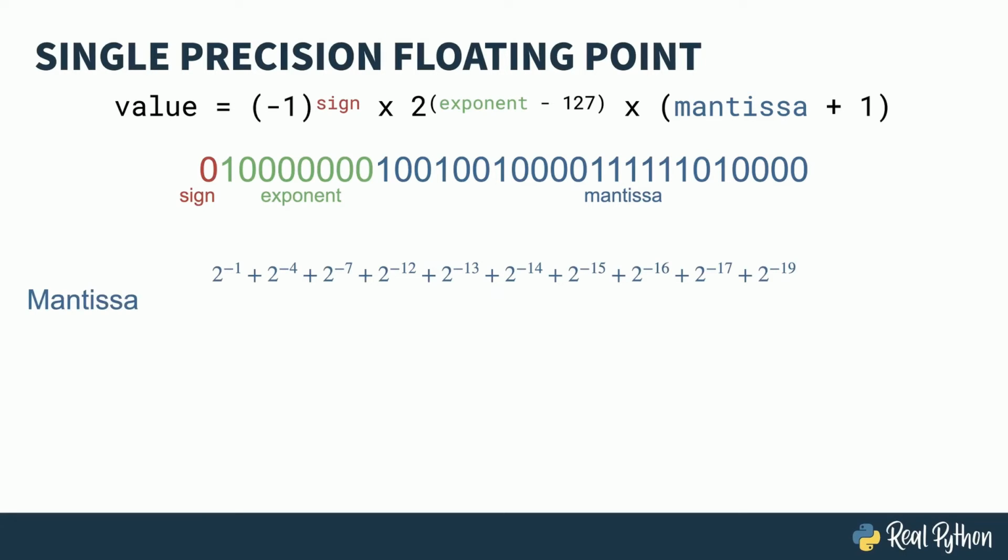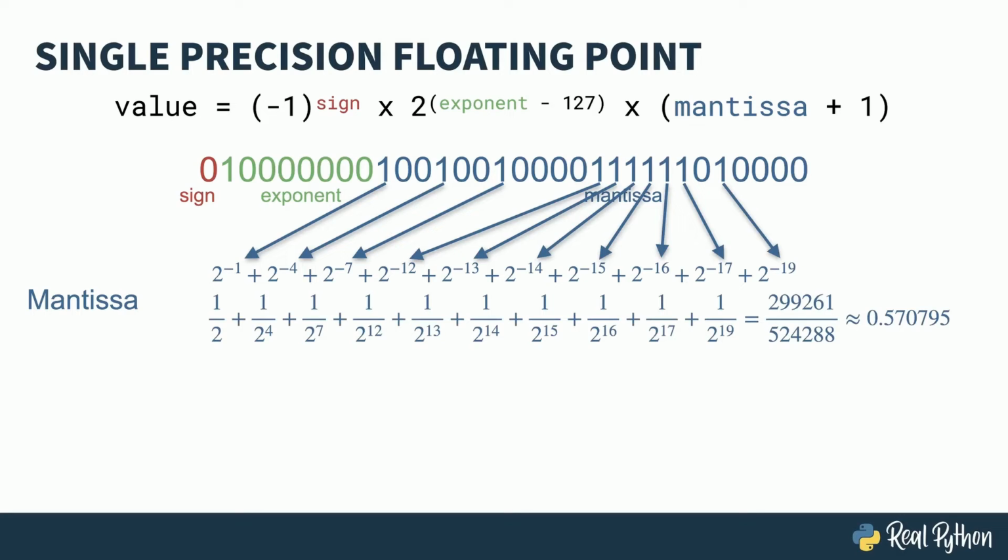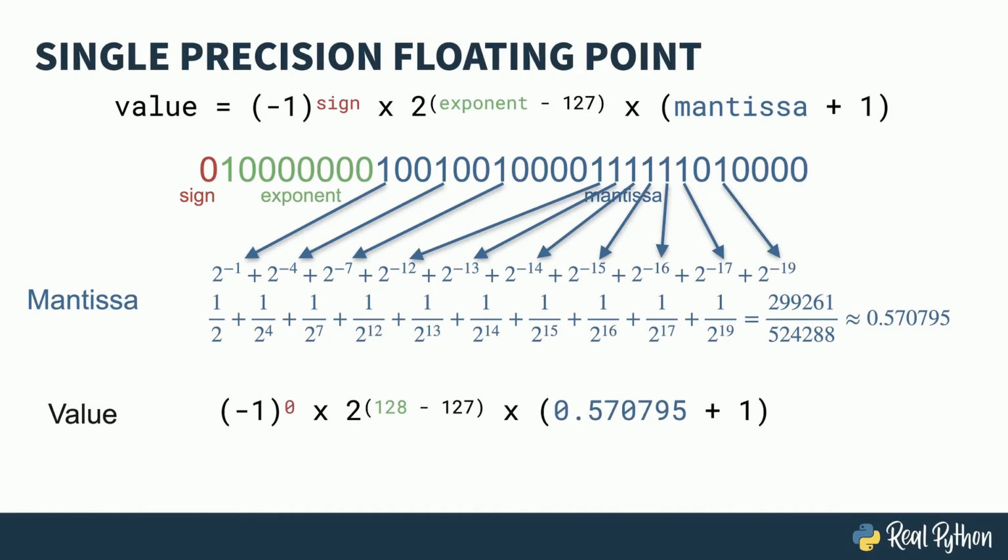The mantissa breaks down into the following powers of 2, with the position of each on bit corresponding to a fractional power of 2. Turning those into actual fractions, and you get about 0.57. Plugging all that into the original formula, and look at that, pi.